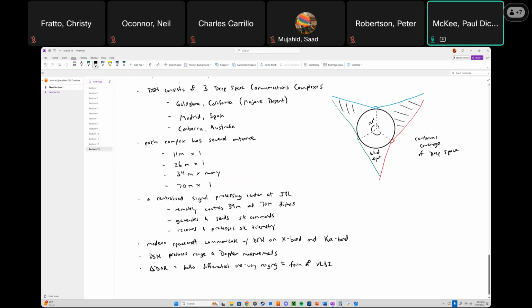So the fundamental RF measurements are range and Doppler. But if you're also getting this difference in time of arrival, you can estimate your direction. And so from those three, we get range, range rate, and bearing, or R3B.